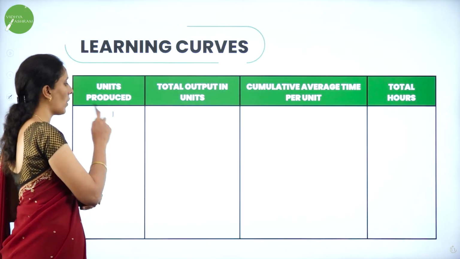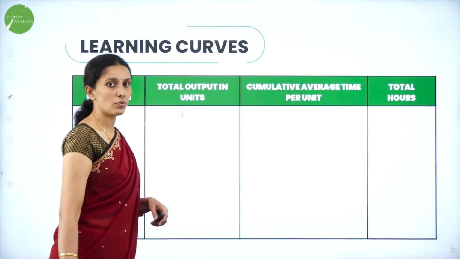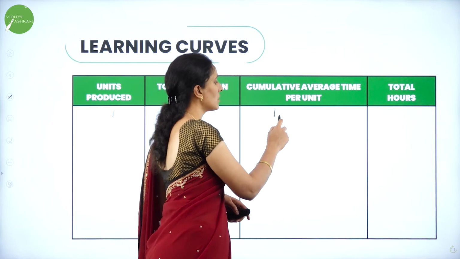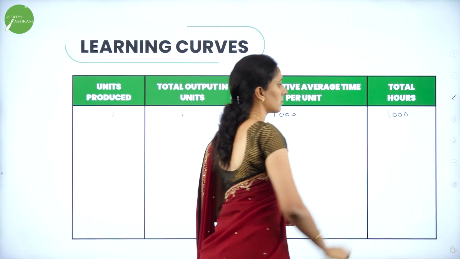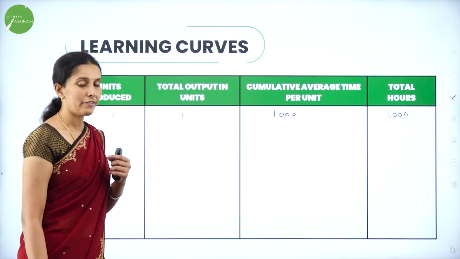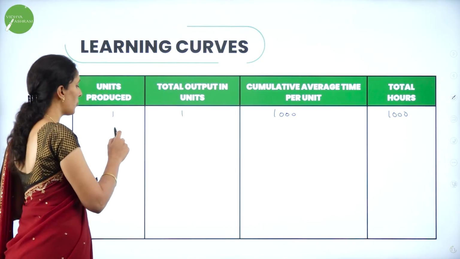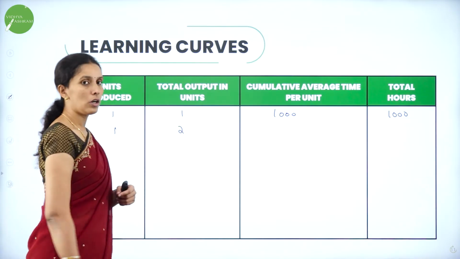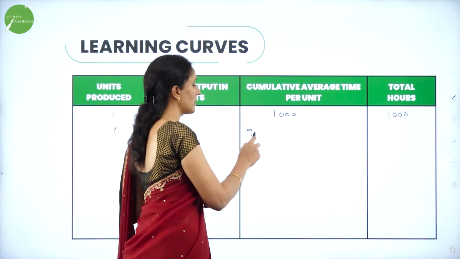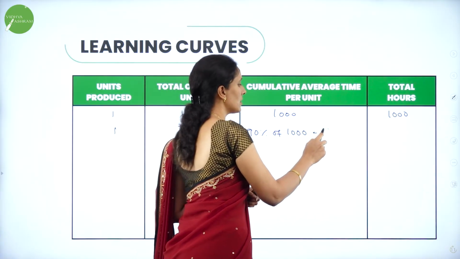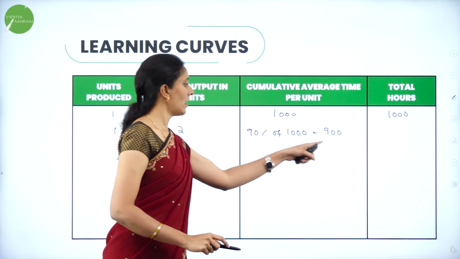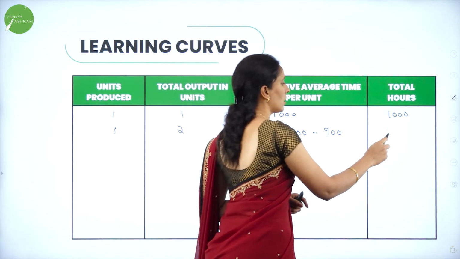First to produce 1 unit, the total output is 1. So it will take 1000 hours. So hence the total hours is 1000. Since the learning effect is 90%, to produce the next output, total output 2, it is 90% of 1000. So 90% of 1000 means it is 900. 900 into 2, it becomes 1800.